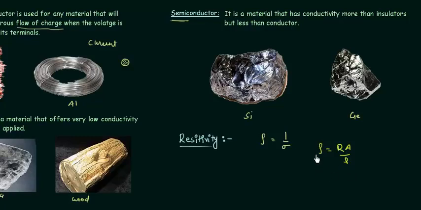And it is the property of the material. This one is the property of material, and for every material it is fixed. And for unit, you can see we have the ohm, and we have a meter square for area, and in denominator we have meter for length.